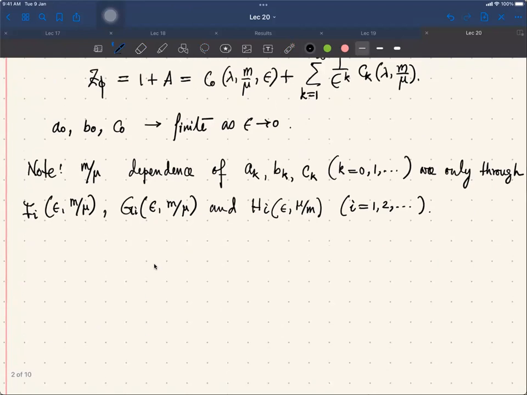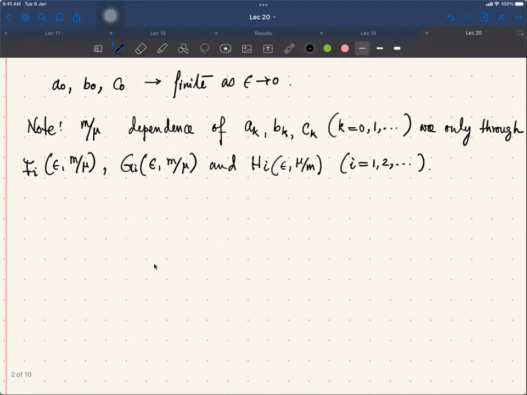Now, another way of writing this relation is lambda 0 can be written as lambda times mu to the power epsilon times, say, x, which depends on lambda, m by mu and epsilon.